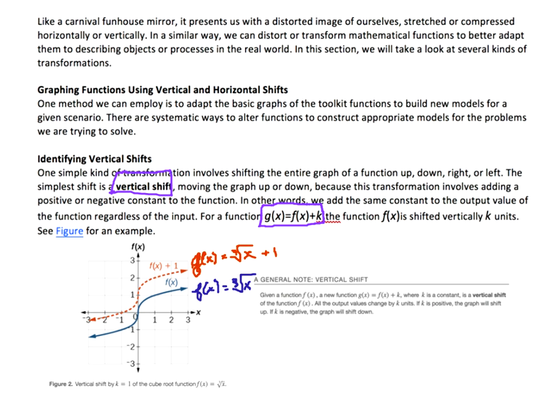Here's what I mean by that. In this case, the function is the cube root, so you see the variable living up under the cube root. Outside of that cube root, I've added 1. Since adding is positive, it shifted this thing up.